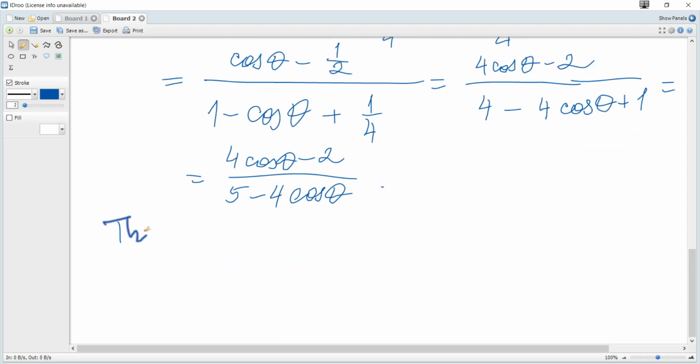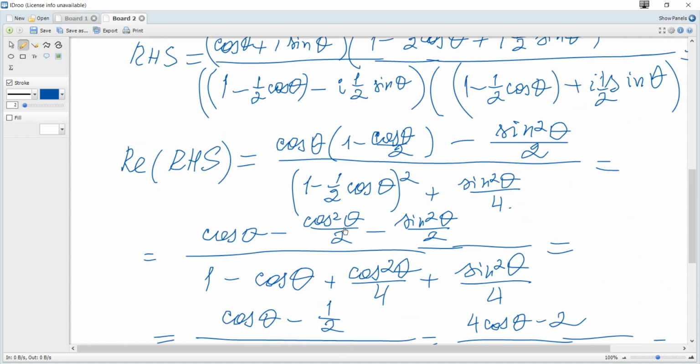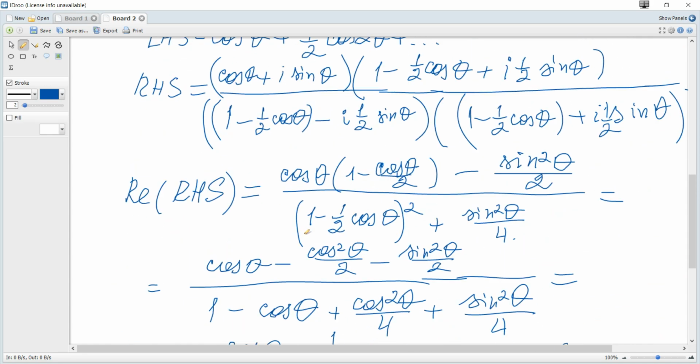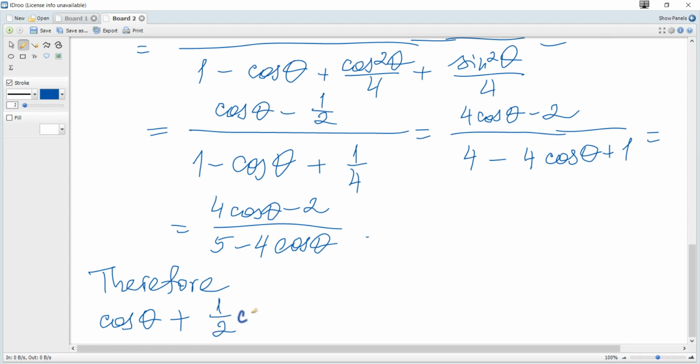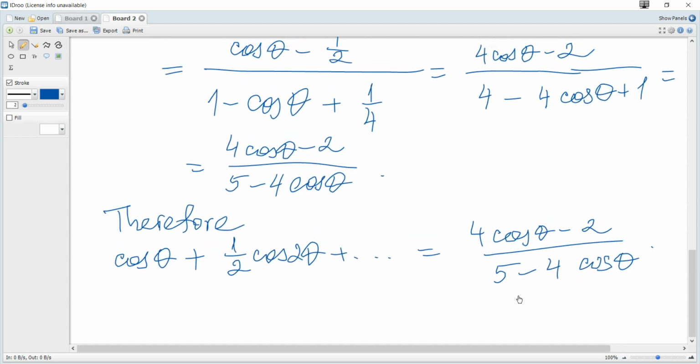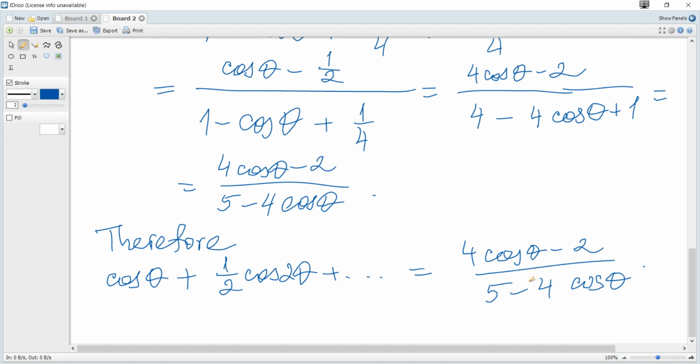So we can write, therefore, cosine θ plus a half cosine of 2θ plus so on is equal to 4 cosine θ minus 2 over 5 minus 4 cosine θ, as required. And that's all for this question.